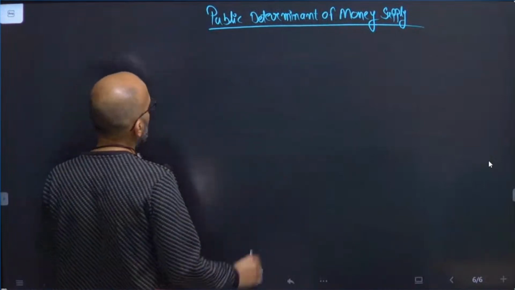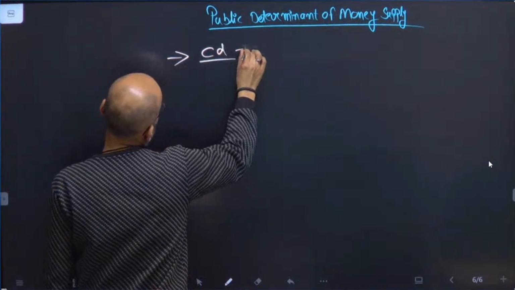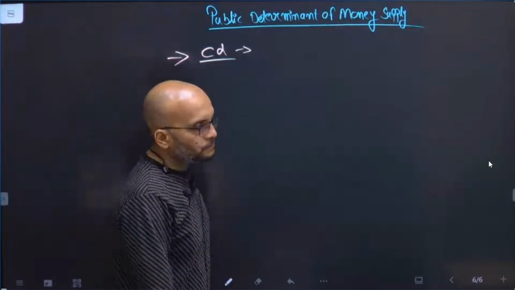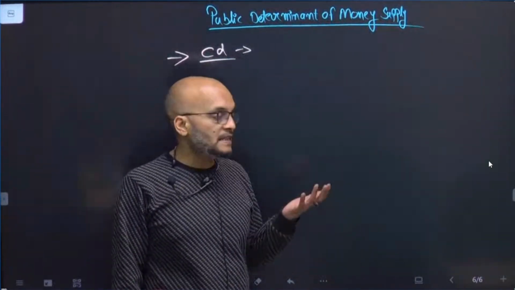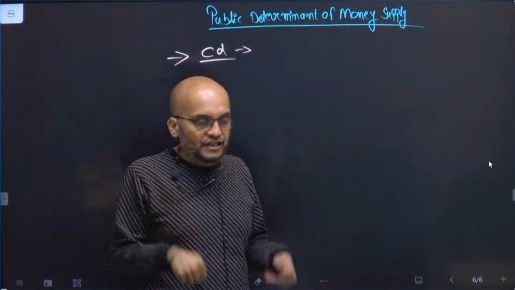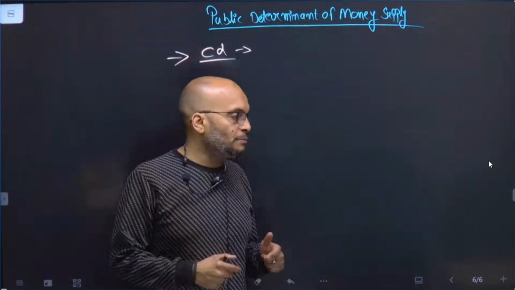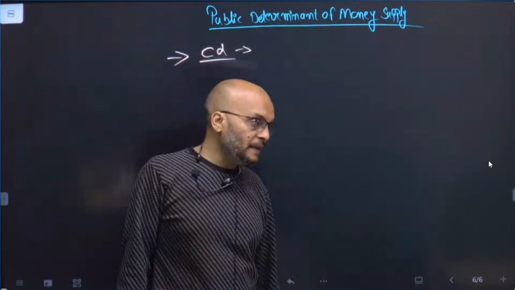How does the public determine the money supply? By CD, currency to deposit ratio. It is up to the people to decide how much currency they want to keep, or in simple words, how much cash they want to keep and how much money they want to deposit in the bank. It is totally up to the people.